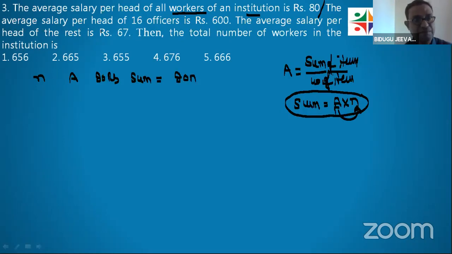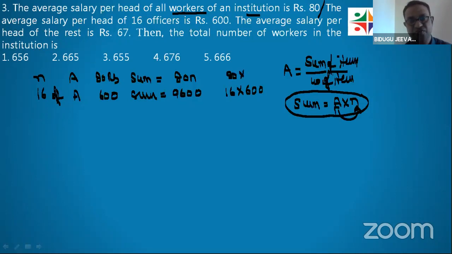The average salary per head of 16 officers is rupees 600. What is the sum? Same concept, 16 into 600, it is 9600. So as we have done, 80 into N.